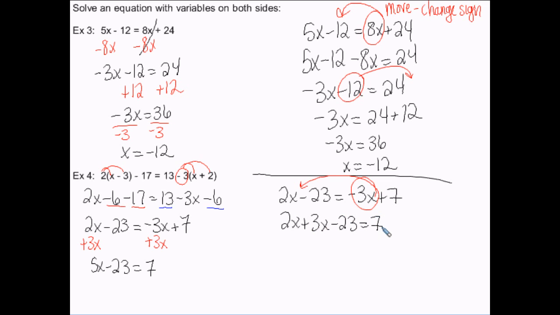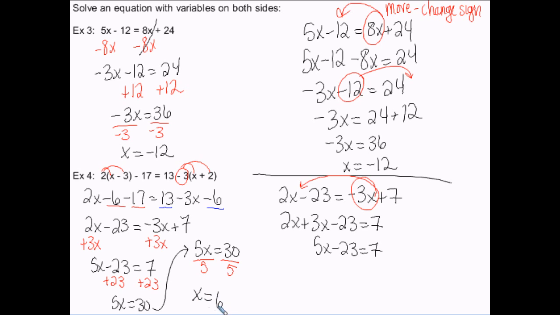If I pick it up and move it, I change its sign. I get the same spot. Add 23 to both sides. 5x equals 30. Divide by 5. And you get that x equals 6.